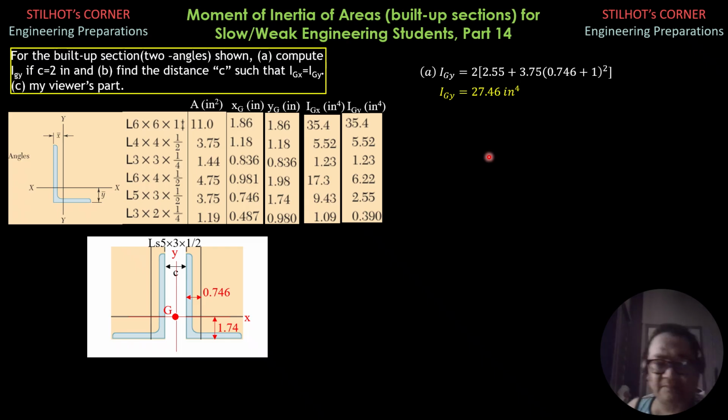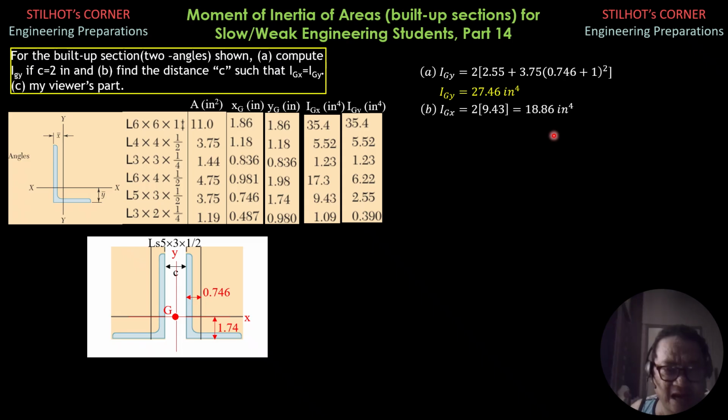Now for the second part, part B, find the distance C such that IGX equals IGY. So IGX, as I said, is unaffected, so it is just 2 times 9.43, and it is equal to 18.86 inches to the fourth.